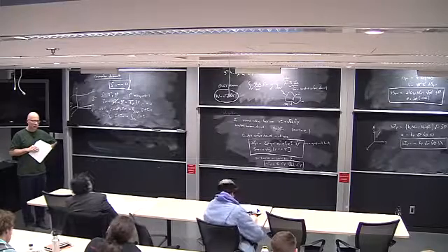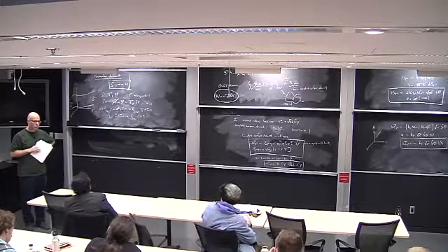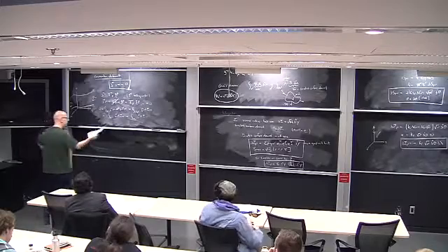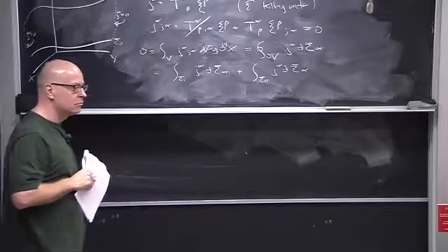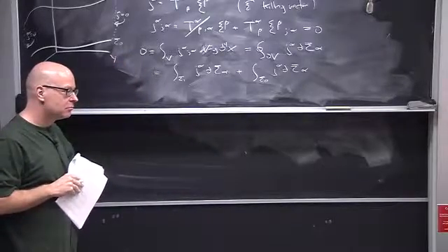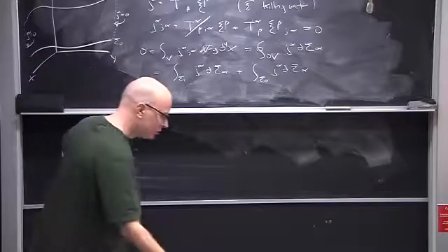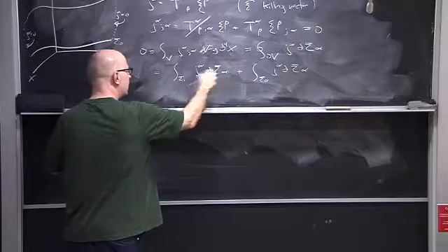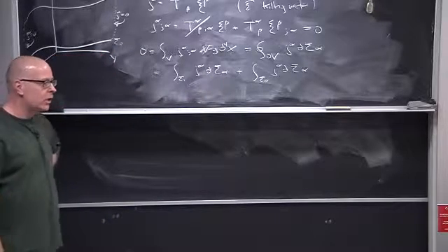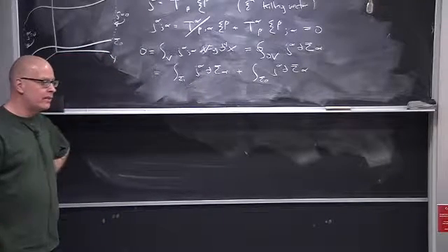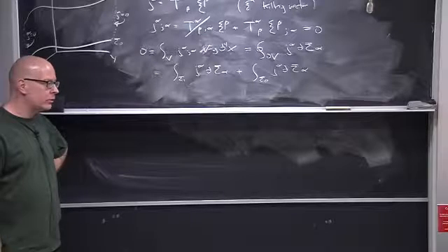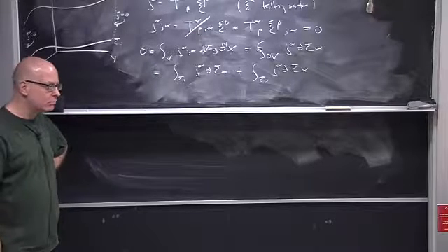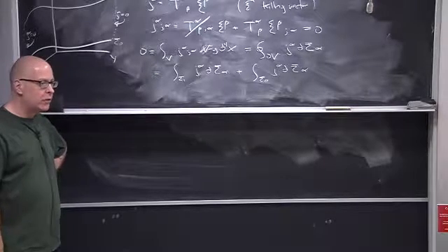But here's an issue of a minus sign. I would really like to have a minus sign in here, but I don't. The reason is, if we relate this to a normal vector on the closed surface, we've insisted all along that the normal vector should be outward pointing, or at least pointing in the direction of increasing phi.